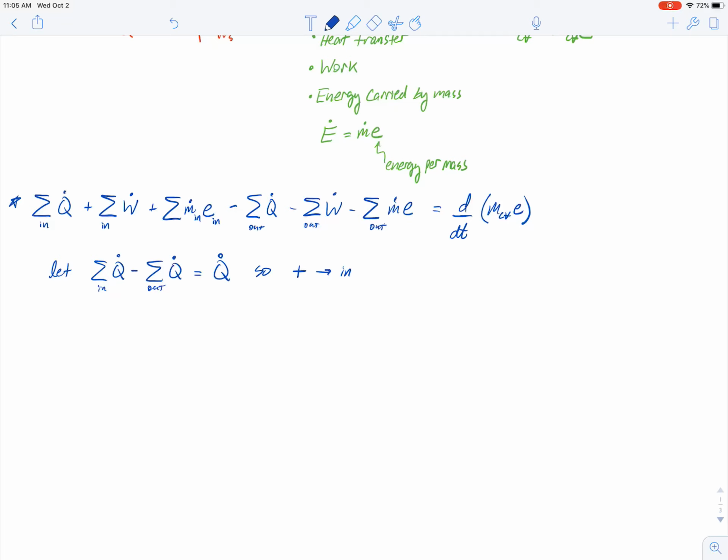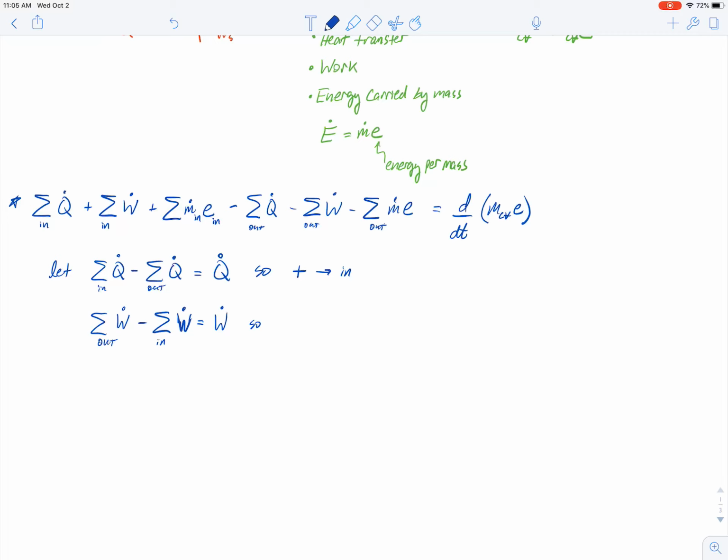Remember, we historically have thought of work in the opposite in terms of directions, so we're going to let the sum of the rate of all work being done out from our system on our surroundings minus the sum of the rate of work being done in, in other words, from the surroundings on the system, we'll call that the rate of work net.